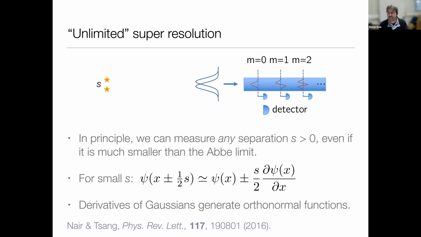And when you take the derivative of a Gaussian, assuming a Gaussian, you get orthonormal functions. And once you have orthonormal functions, you can construct your observable so that you can tell exactly which one you have. So that was a big bombshell.